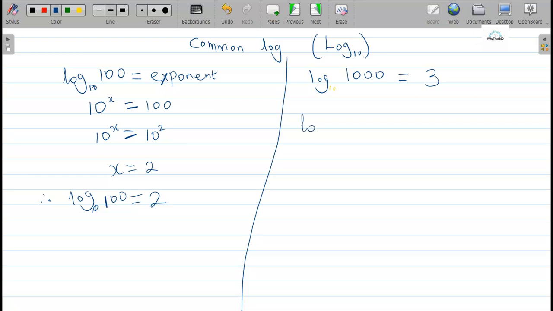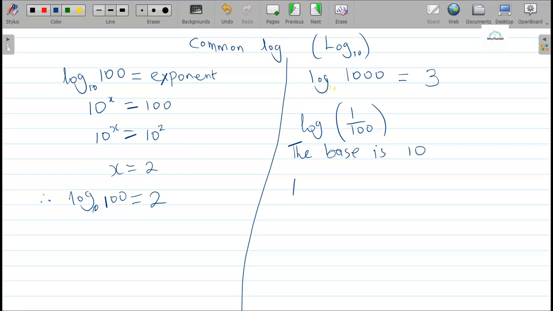Now take the common log of 1 over 100 to the base 10. Why is the base 10? Because for the common log, the base is 10.